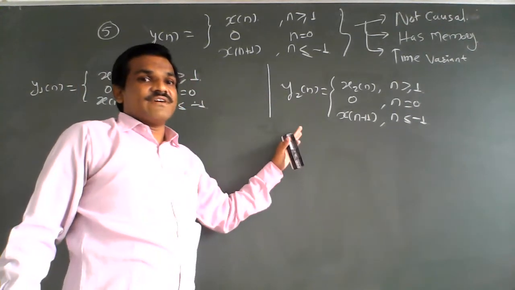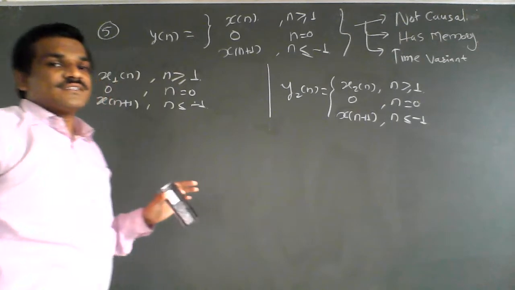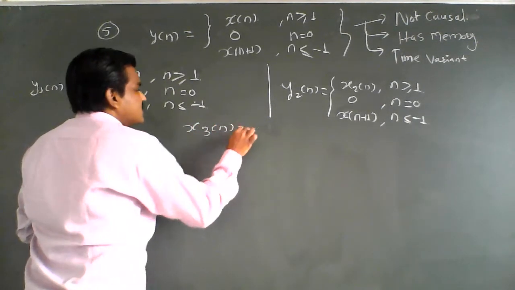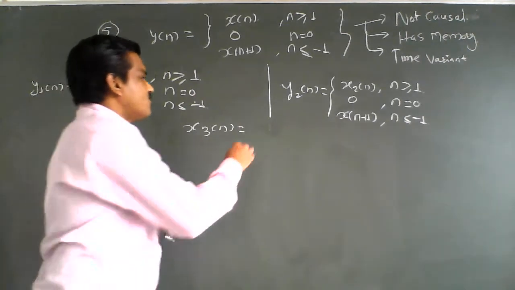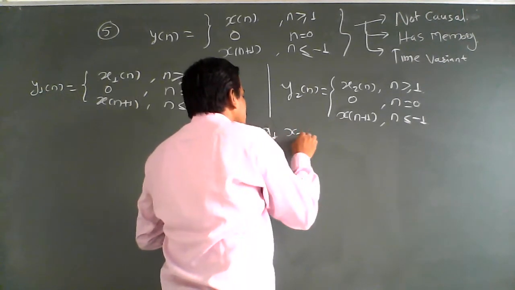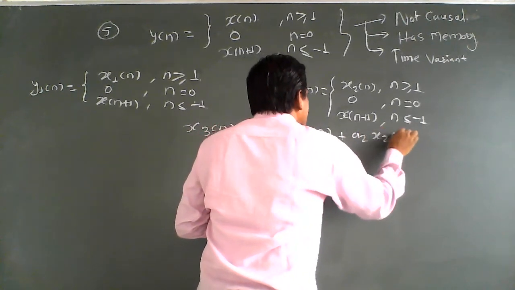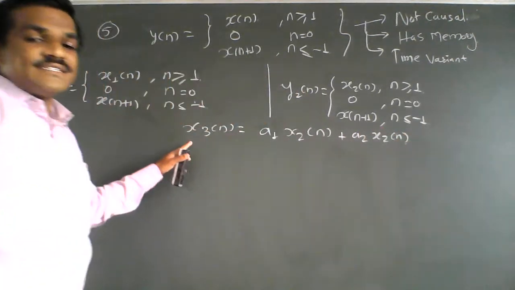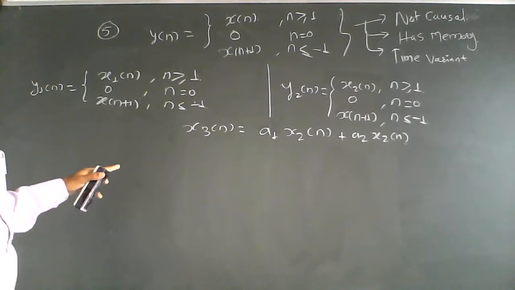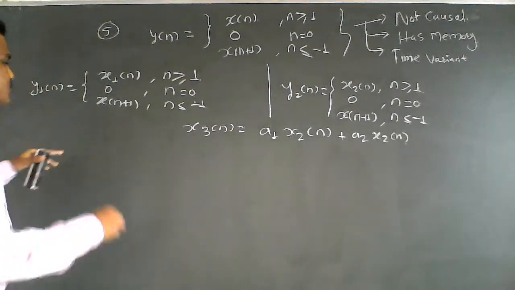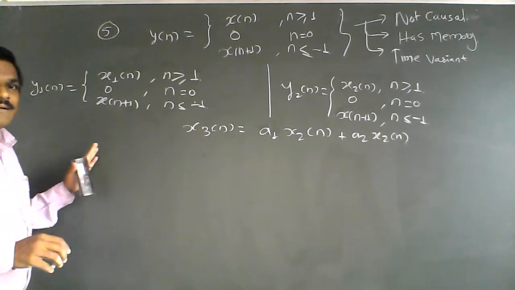Now let us consider the third input, x3 of n, which is nothing but the linear combination of x1 and x2, so a1 x1 of n plus a2 x2 of n. So what is y3?